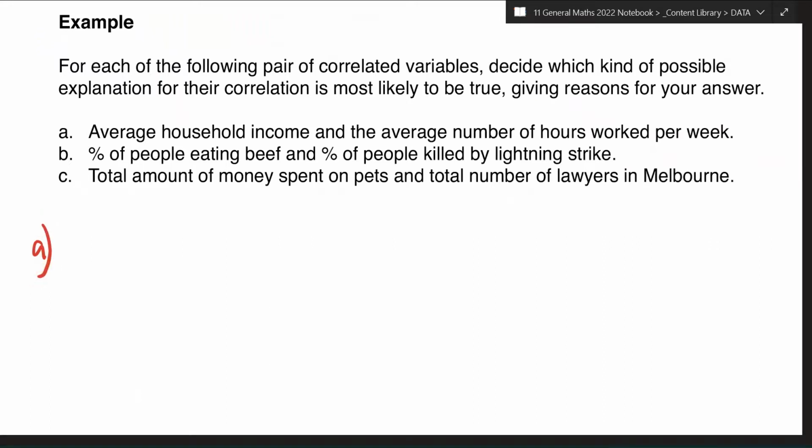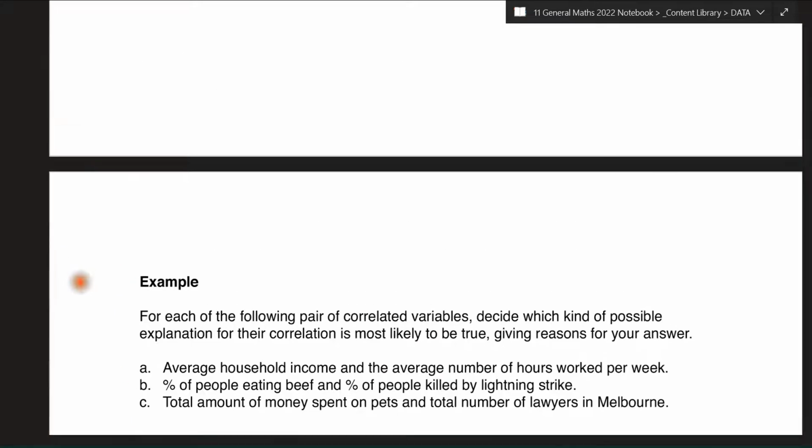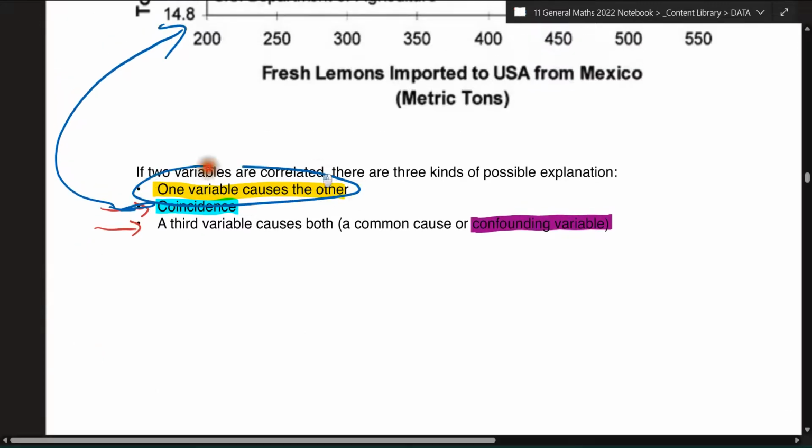According to this, the average household income and the average number of hours worked per week. So have a think about it. Is there a connection between those two? Yes. So as an answer, you would use this one.